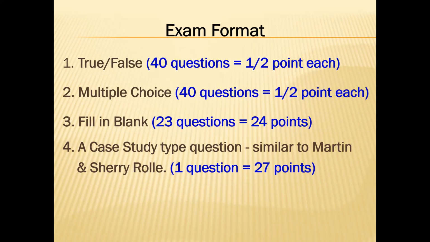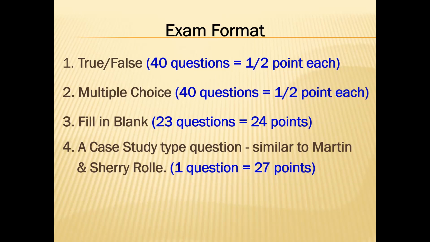As I said, the exam has been set. There are 40 questions in true and false, 40 questions in multiple choice, and 23 fill in the blank questions. Then there's a case study type question similar to Martin and Cherry Roll, worth 27 points.